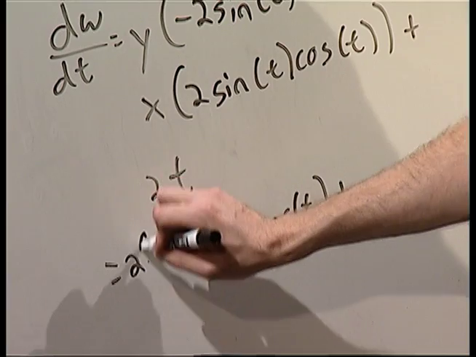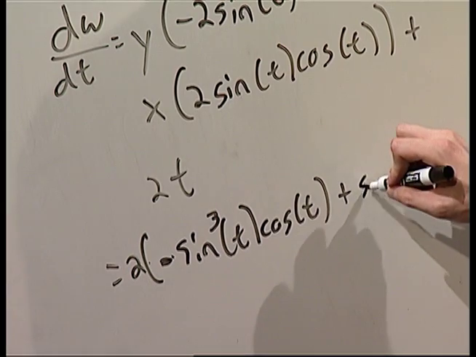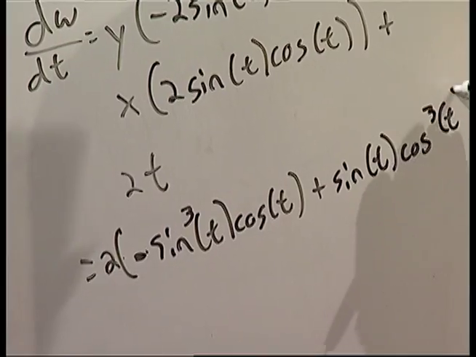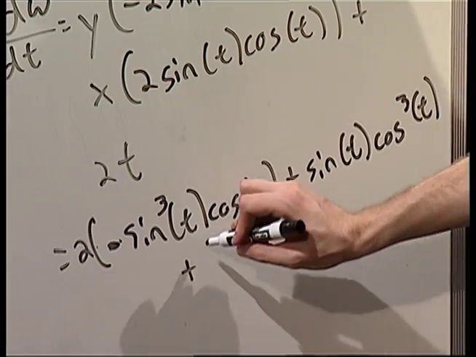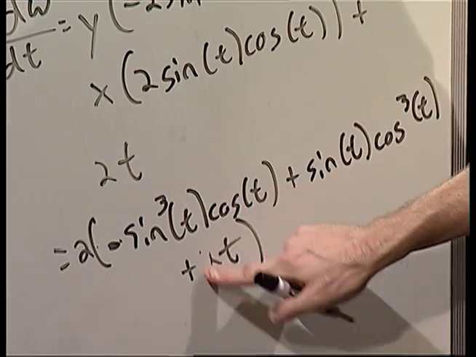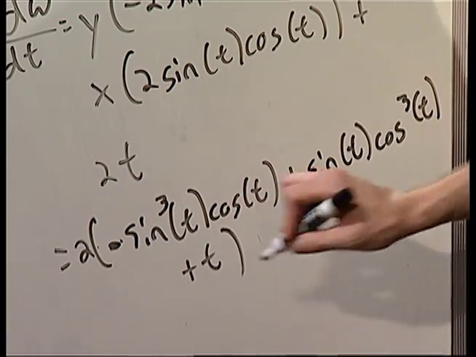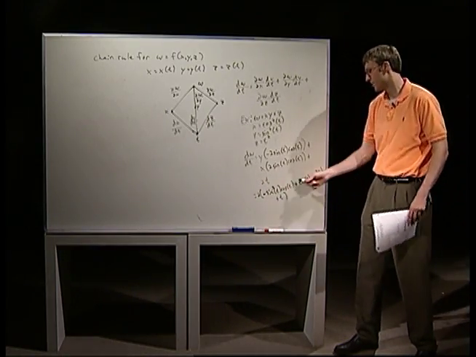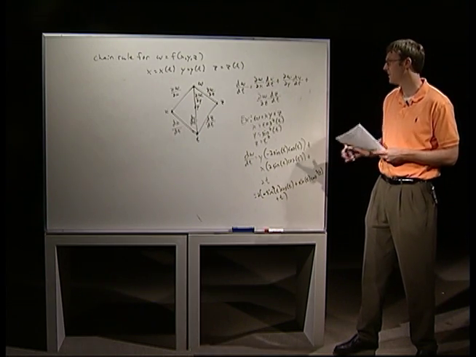I can pull the 2 out front. That's minus sine cubed t cosine t, plus sine t cosine cubed t, and then plus 2t. So you have the 2 out in front, and then everybody else is entirely in terms of t. Okay. So these are pretty straightforward.